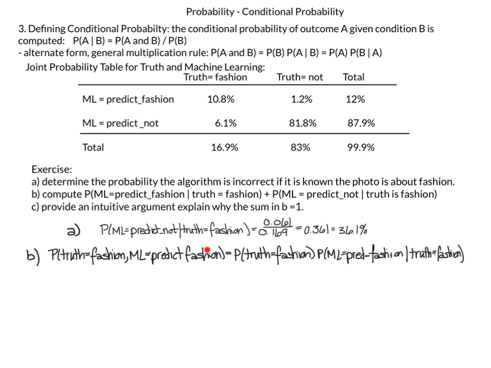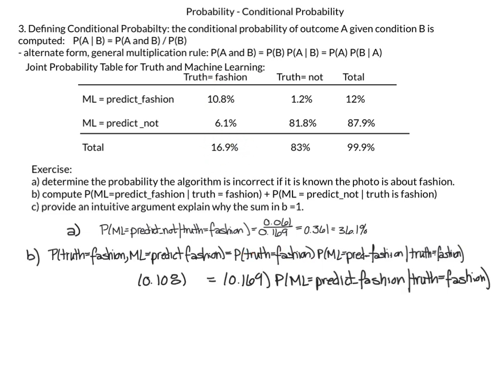And now I have my joint probability, because I can look that up on the table, truth equals fashion, machine learning predicts fashion, that's 10.8, and truth equals fashion, I can then take my marginal probability, 16.9. So just writing down my numbers first, this joint probability, 10.8% or 0.108, equals truth equals fashion 16.9% or 0.169 times probability machine learning equals predicted fashion given truth equals fashion.